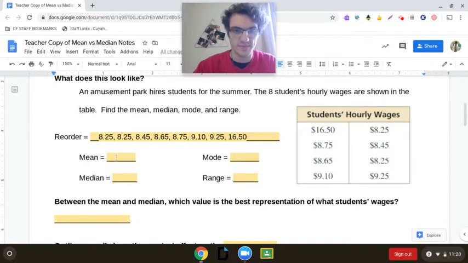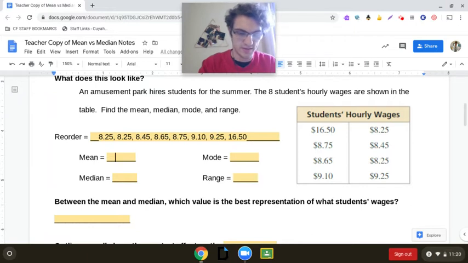All right, perfect. So let's find the mean first. Remember, that is adding up your values and then dividing by the total number. So I have 8.25 plus 8.25 plus 8.45 plus 8.65 plus 8.75 plus 9.10 plus 9.25 plus 16.50.